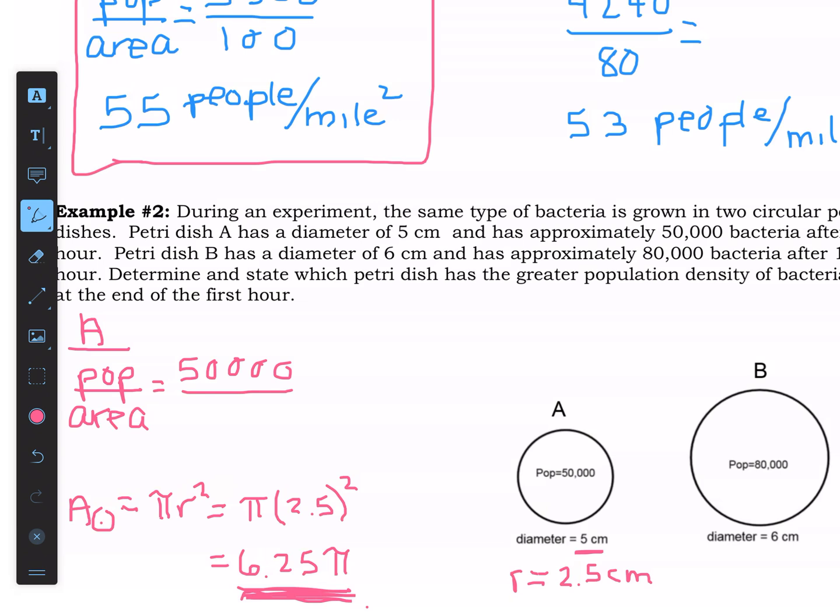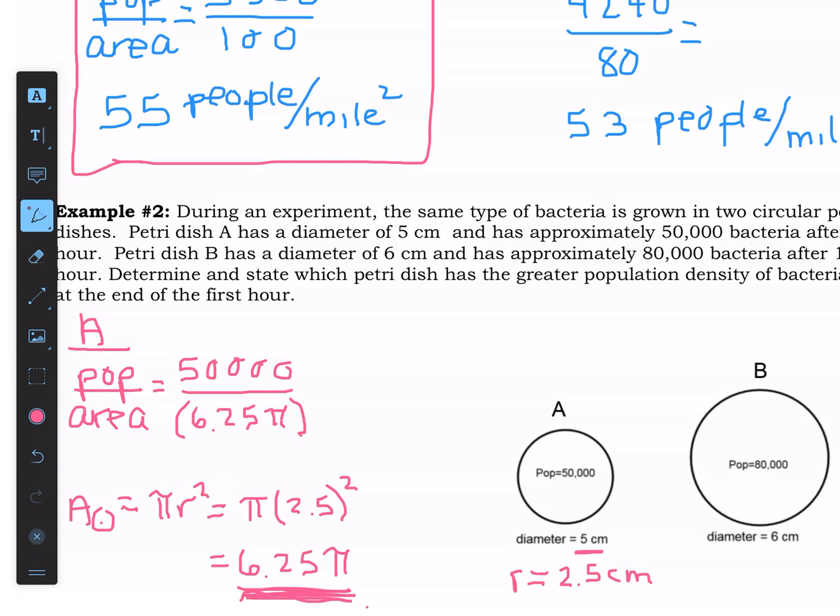Now, when I put the area here, when you're typing it in your calculator, this is super important. You need to put the denominator in parentheses. The reason being is that you're putting the pi next to the number. So it's not just that you're dividing by 6.25, you're dividing by 6.25 pi. And the calculator is going to read it incorrectly if you don't put the parentheses around it.